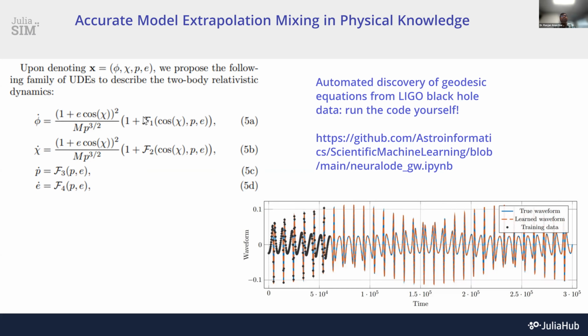They have relativistic dynamics that they've specified through these equations, but now they augment this system with a bunch of neural network terms given by F here. Can you then learn the parameters P of these functions F, so that you can autocomplete this relativistic model, for example? And this turns out to work quite well.